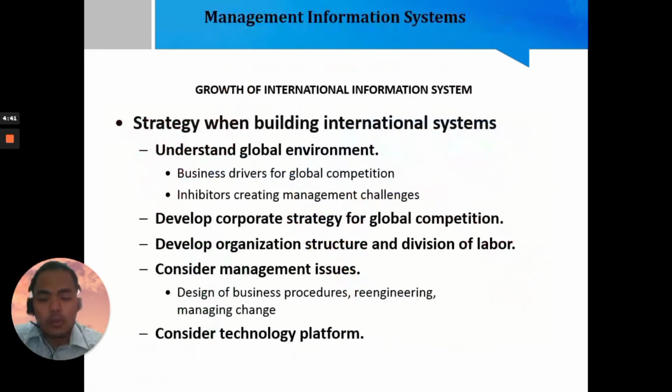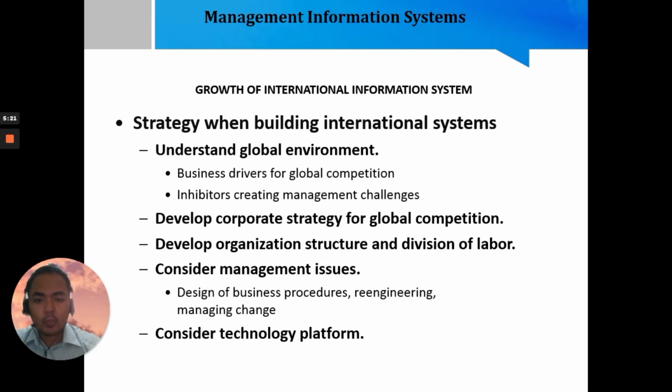So, the growth of international information systems, wherein the strategy when building an international system, of course, we should understand the global environment. The business drivers for global competition: the global drivers are the inputs and activities that drive the operational and financial results of a business. Inhibitors, of course, are the obstructors, creating management challenges.